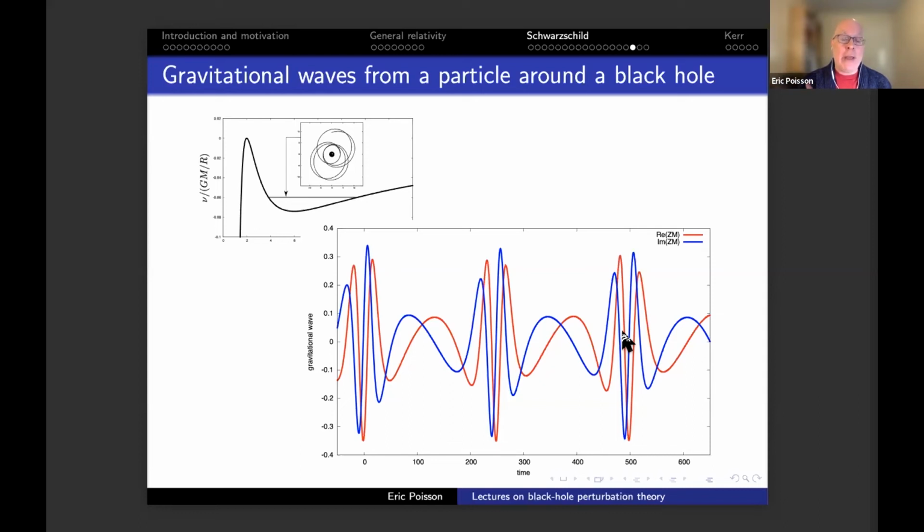If it's part of your ambition to start working in black hole perturbation theory, you would have to master those details, because no matter what you do, you have to face this in order to turn the nice principles into a concrete calculation.